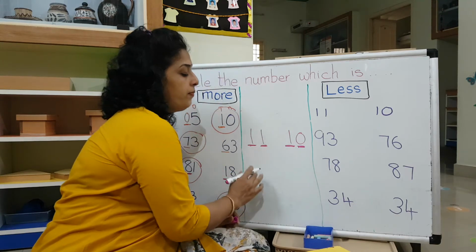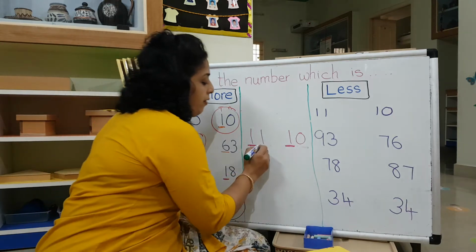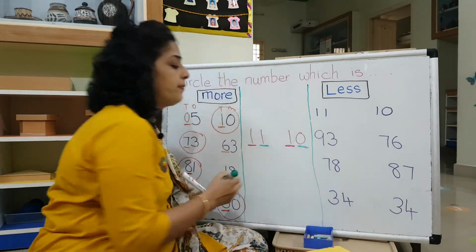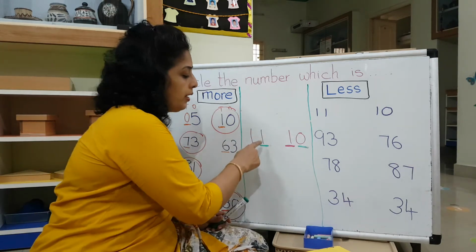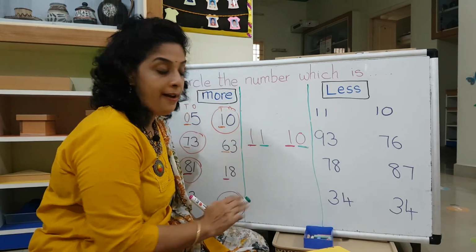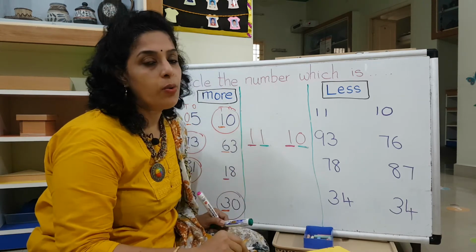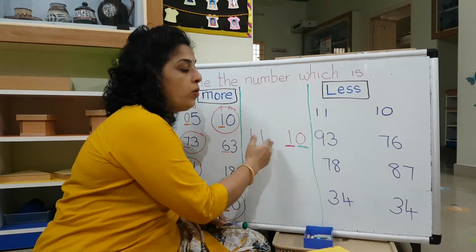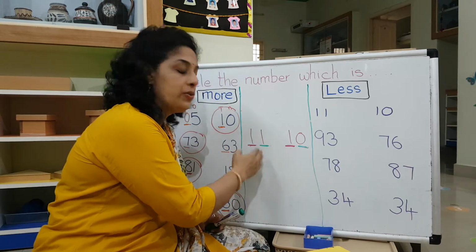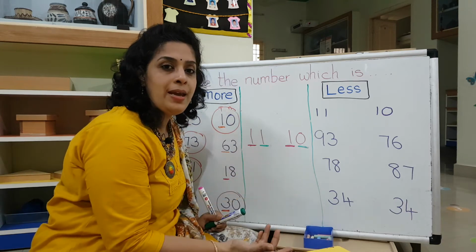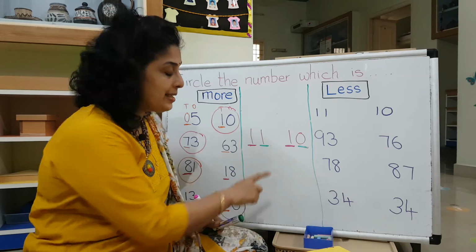I'll use a different color. What do they have in the ones place? Here they have 1 and here they have 0. Definitely 1 is bigger. So this is more and this is less. Now you think of the quantity itself. 11 is more or 10 is more? 11 is more. So 10 will be the smaller number. It is less. 10 is less.